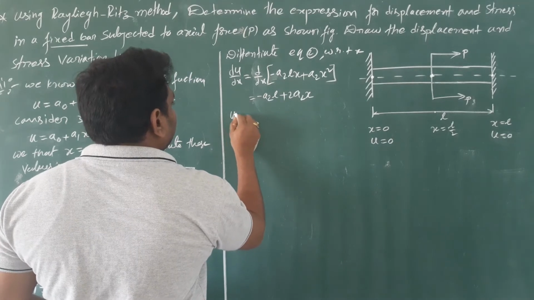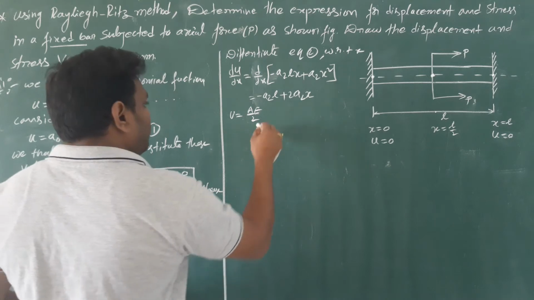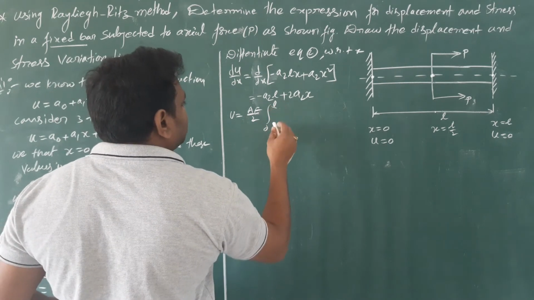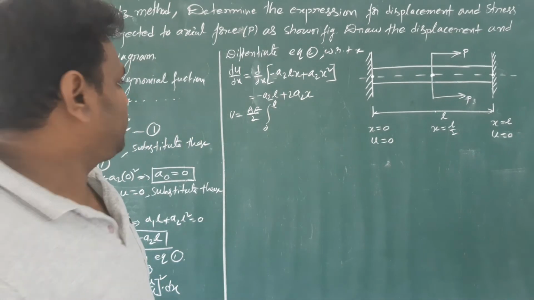So easily we can substitute here. U is equal to AE by 2 into integral of 0 to L. Here a2 is a constant parameter, that's why we will write it outside.